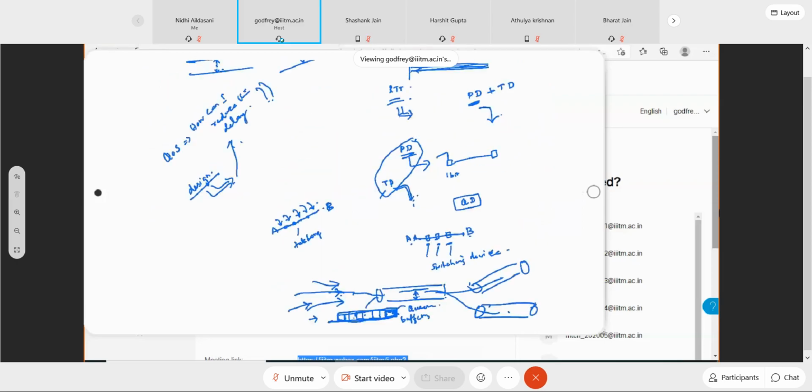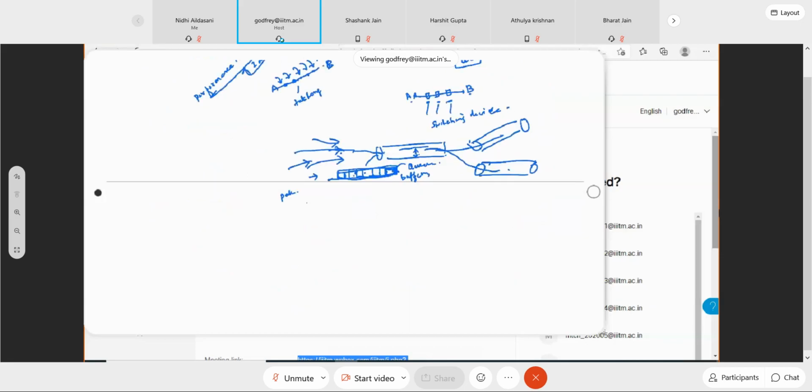So now here we can say, how can I reduce the delay, and how can I reduce the packet loss? What is the probability that there can be a packet loss in this system, right? So these two become the performance metrics of interest, right?